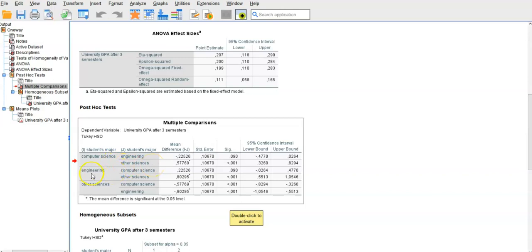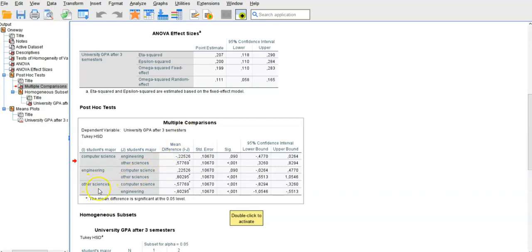Now engineering and computer science, you already saw this. Engineering and other sciences is also a significant result, and the mean difference is greater than for computer science and other sciences. Here it is even greater, 0.80. This is how you can find the significance in the post hoc test.